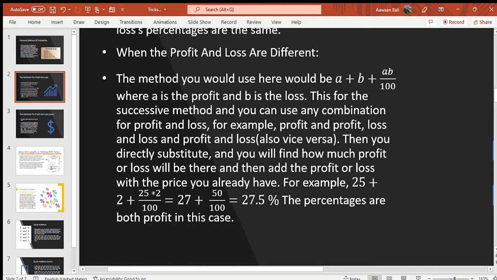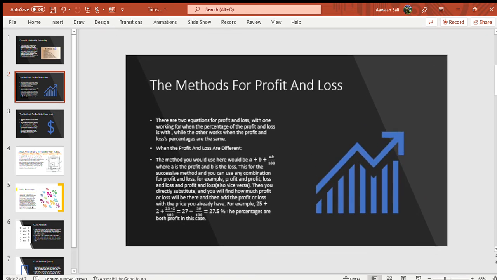So 25 plus 2 plus 25 times 2 divided by 100, that's equal to 27 plus 50 upon 100, and 50 upon 100 is a half, so you get 27 plus 0.5, 27.5%. So the percentages here are both profit in this case.